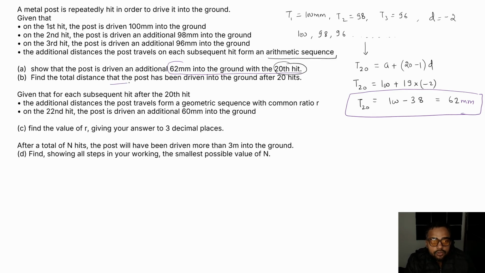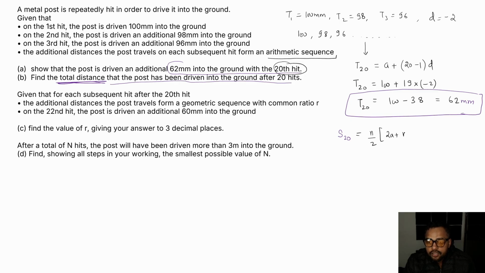Now find the total distance that the post has been driven into the ground after 20 hits. If the concept here is total distance, we need to apply the formula for the sum of an arithmetic sequence, that is S20. We have made a separate video on this, student.